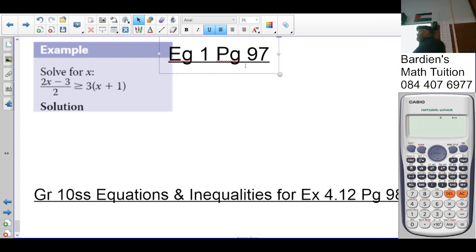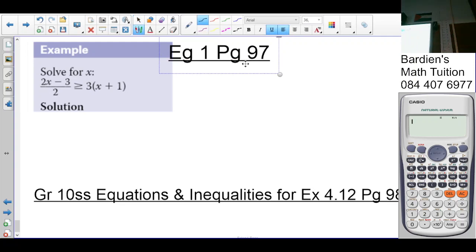Something I just failed to highlight earlier on as well. If you got 2 and 3, which one is larger? 3. So 3 is larger than 2. Or 2 is less than 3. If I divide it by 2, what is that going to give us? 1 and 3 over 2.